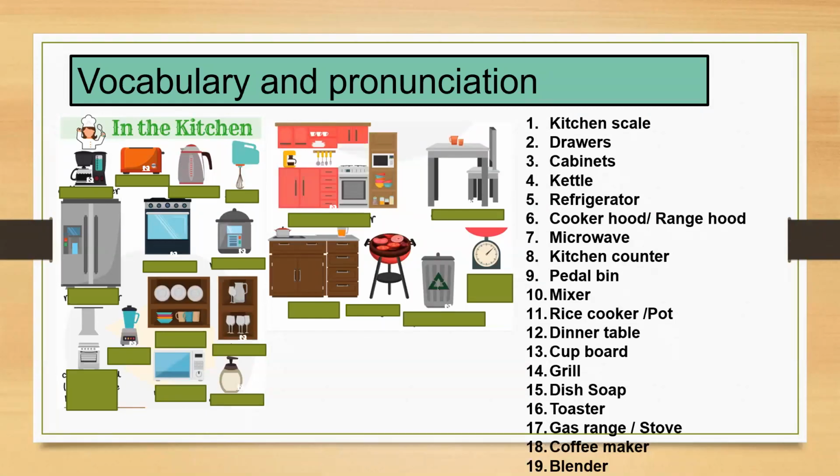We have on the screen some things and parts of the kitchen that we usually use on a daily basis, but sometimes we don't know what the translation is in English.